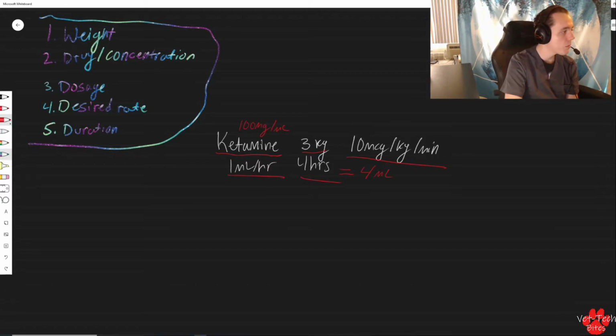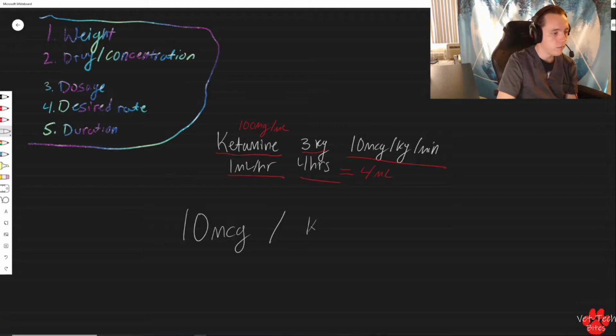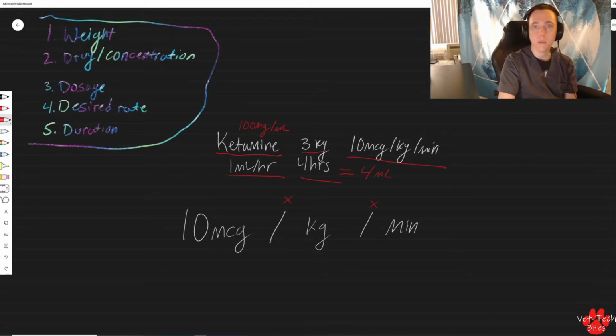So 10 micrograms per kilogram per minute. Anytime we hear per, we know that means multiplication. Per is multiplication. Always remember that.